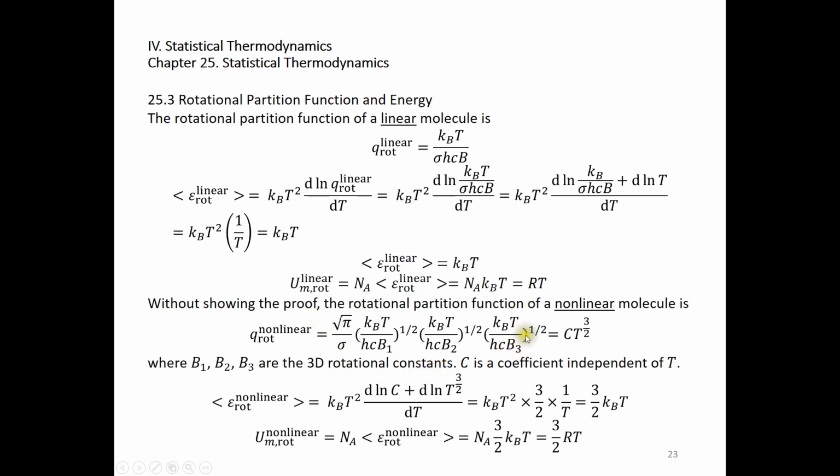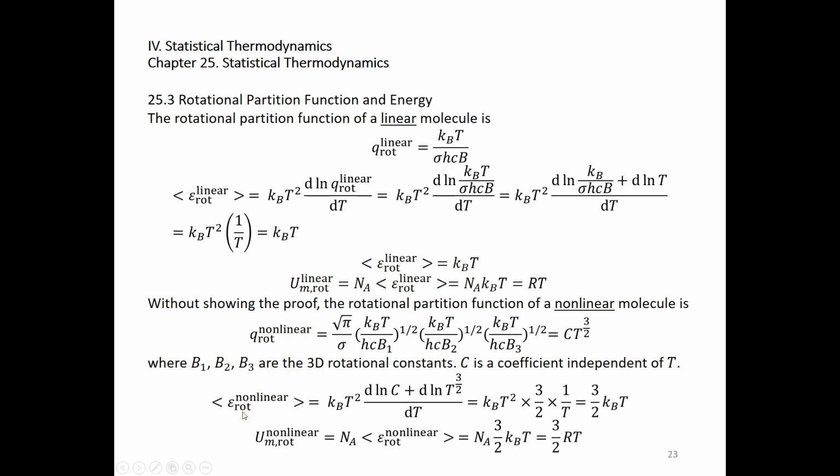And this whole thing can be written as a constant times T to the power 1.5, because we have T to the power of 1/2, T to the power 1/2, T to the power 1/2, 3 times. So everything else becomes this constant C, and then we have T to the power 1.5. That's the rotational partition function for a nonlinear molecule.